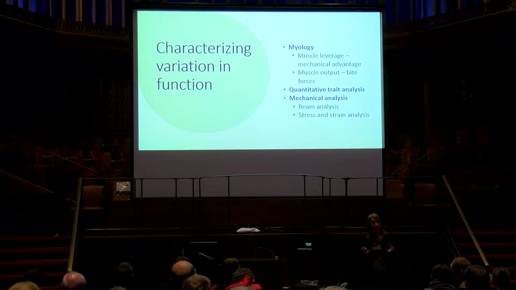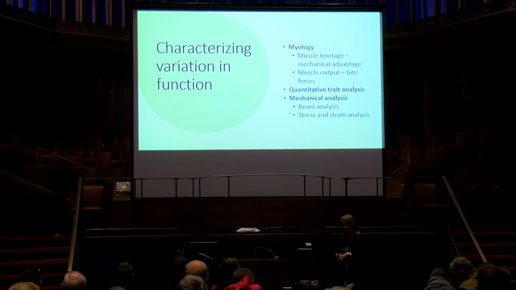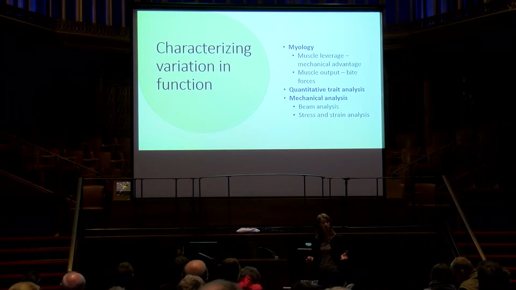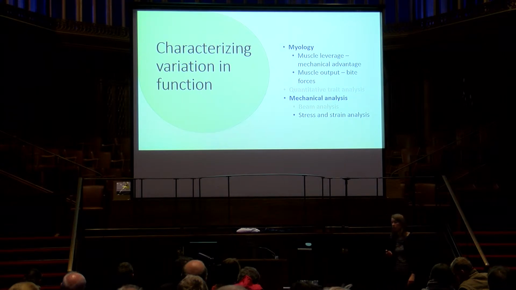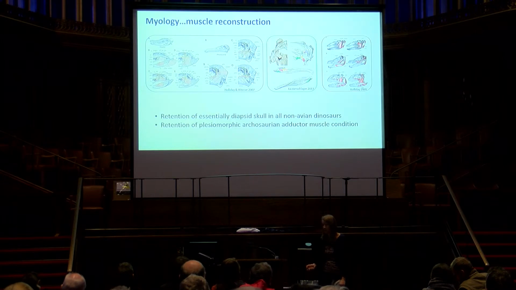And then also mechanical analysis, looking at structures as beams and seeing how they perform, or doing stress and strain analysis to see how structures deal with mechanical loads generated during function. I'm not going to talk any more about quantitative trait analysis or beam analysis, and instead I'm going to focus on what we can get from the fossils in terms of muscles and mechanical analysis.